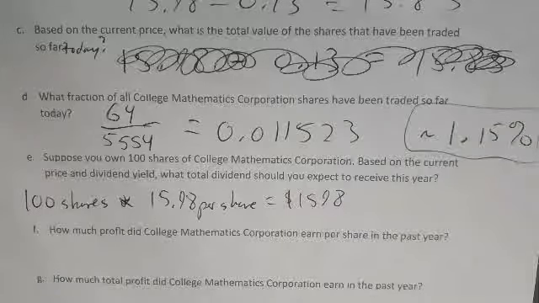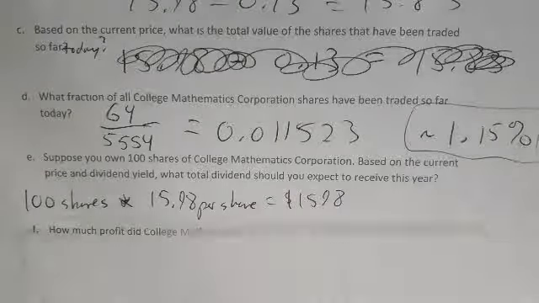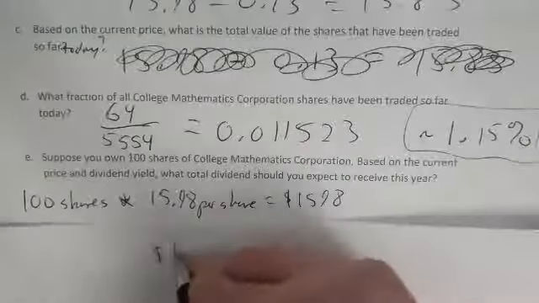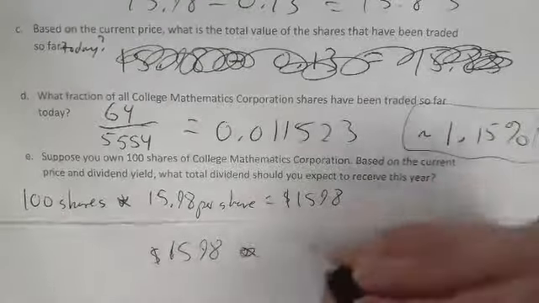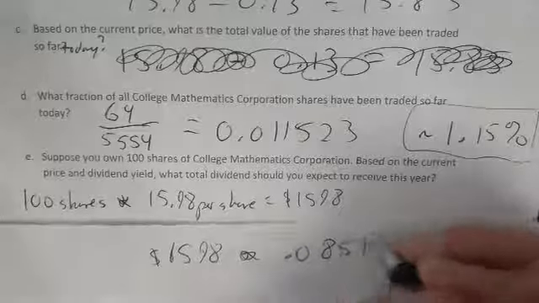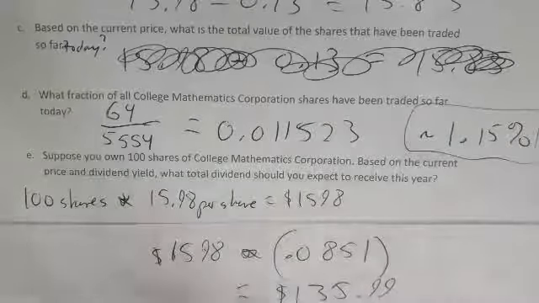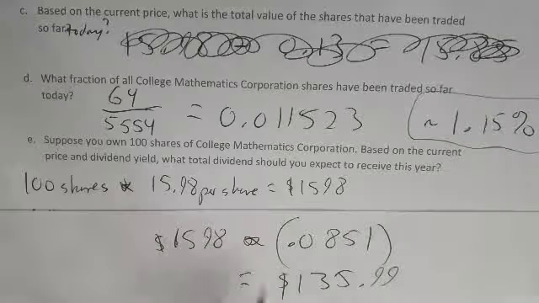But if I want to know how much my dividend is, it is 8.51% of this thing. So if I take this $15.98 and I multiply by 0.0851 or 8.51%, I should be getting $135.99. It's somewhere in that ballpark. So this gives me the total value of my shares.